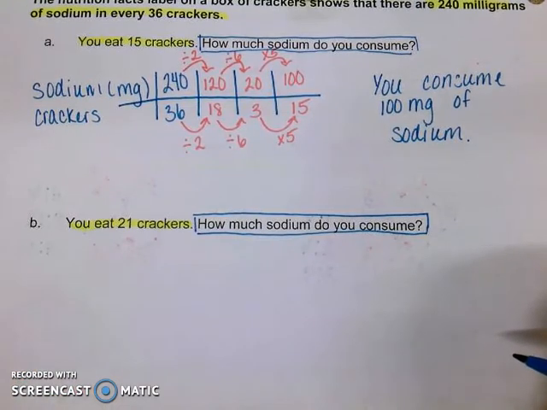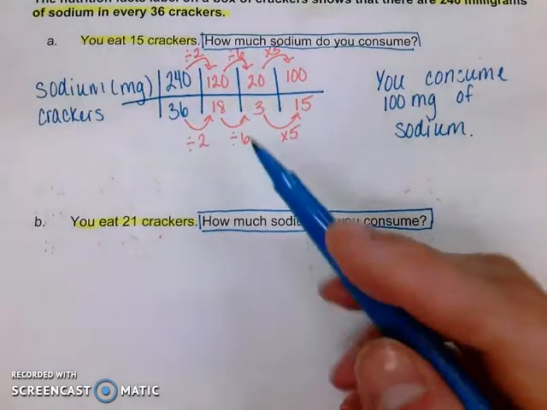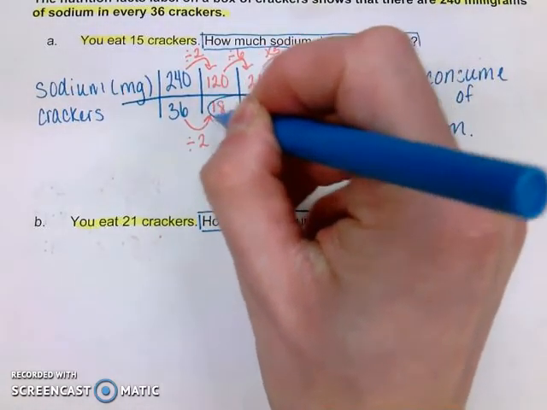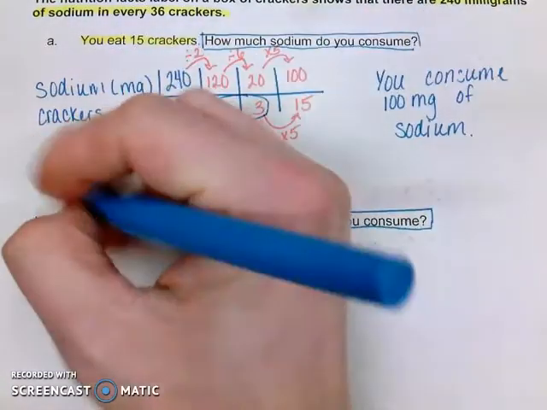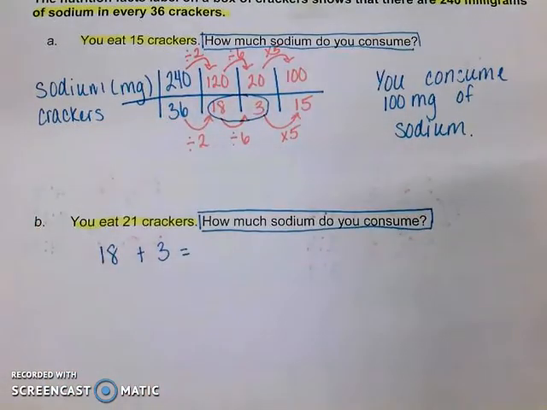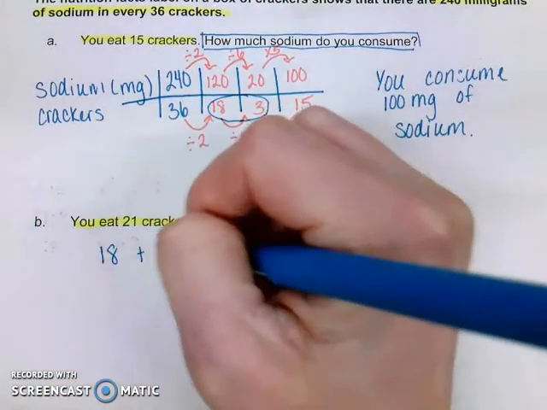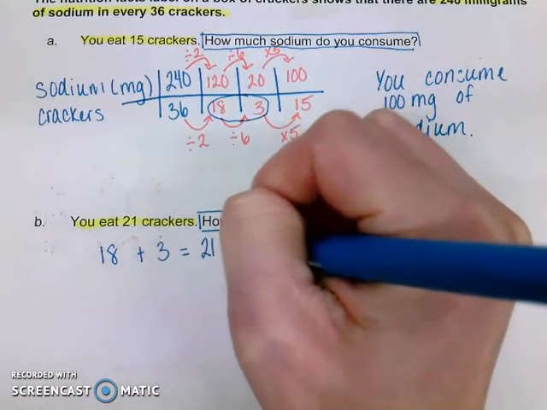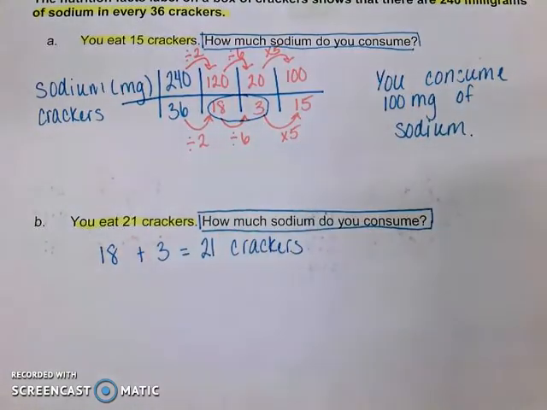but we could also use the problem we already have, because what I can do is I can look up here and see, well, 18 plus 3, that's going to give me 21 crackers. So instead of recreating an entire table, I can just kind of write this out. Well, there's my 21 crackers.